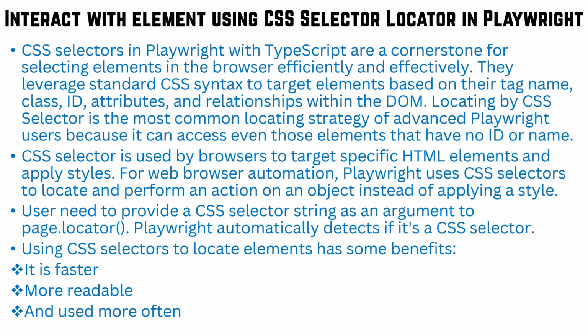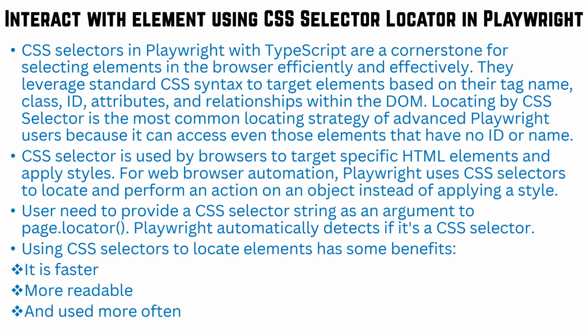CSS selectors are used by the browser to target specific HTML elements and apply styles. For web browser automation, Playwright uses those CSS selectors to locate and perform an action on an object instead of applying a style. So here the main objective is to identify the element and do the operation, not apply the style.